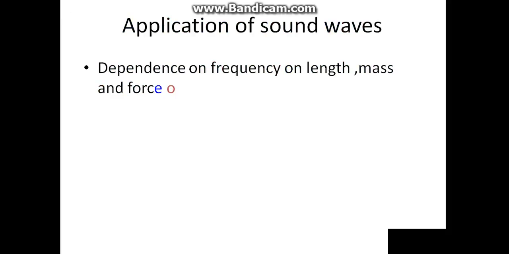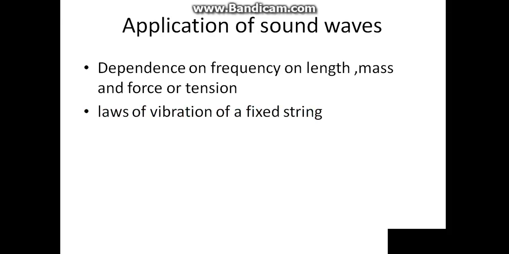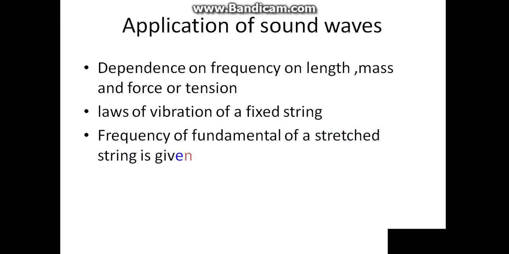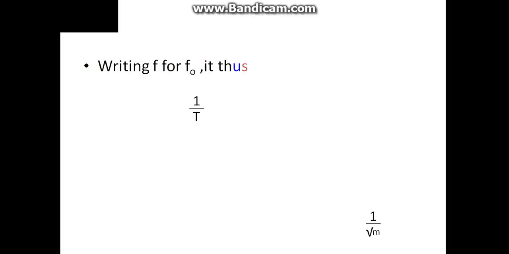Application of sound wave. Dependencies of frequency on length, mass and force or tension. Laws of vibration of a fixed string. Frequency of the fundamental of a stretched string is given by F equals 1 over 2L square root of T over M, where T is the tension and M is the mass per unit length. Writing F for FO, it thus follows that: 1.